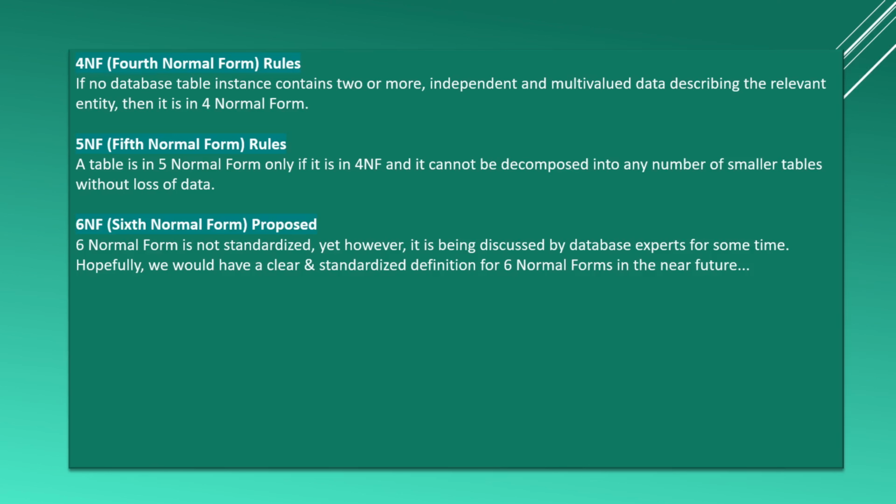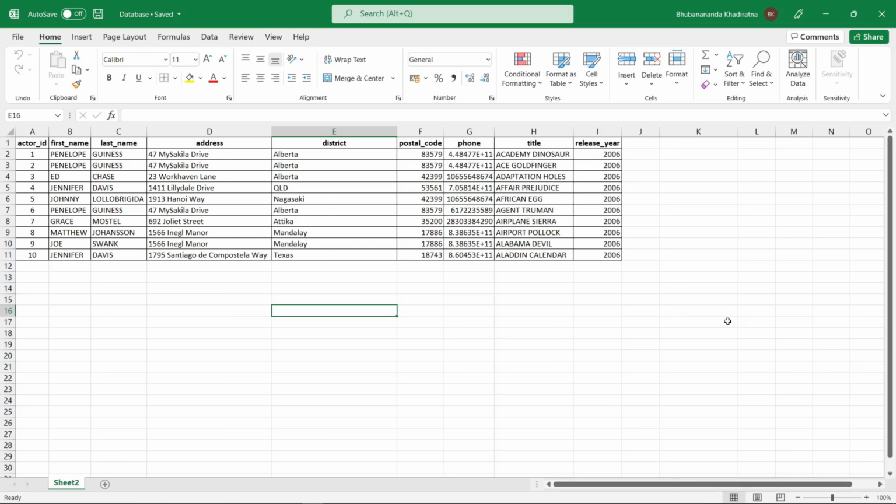Let's take an example of how we can design a database. So I have a table of actor names, actor addresses and actor numbers, titles, and titles means movie names and movie release years.